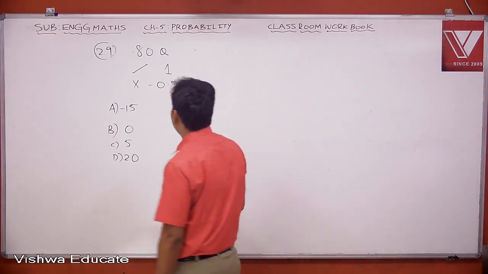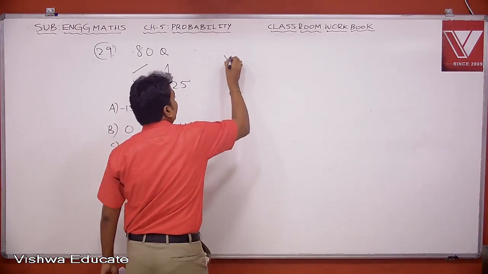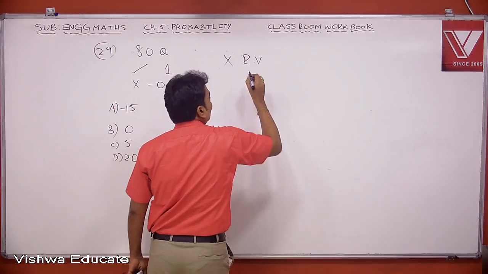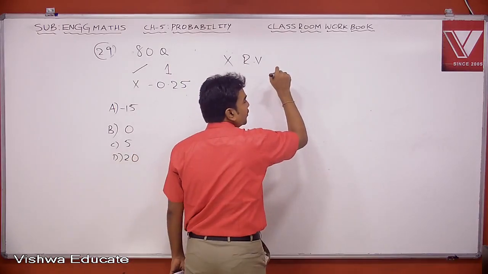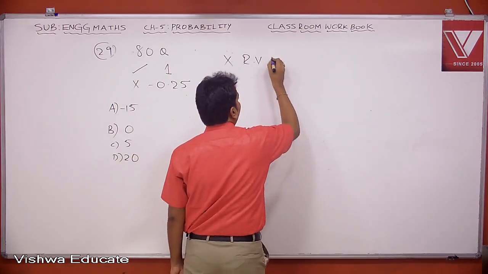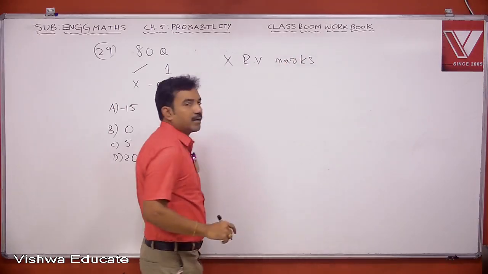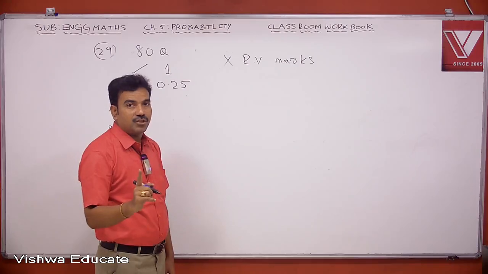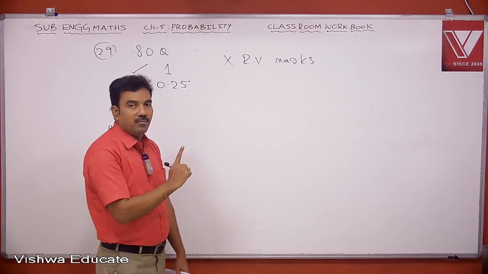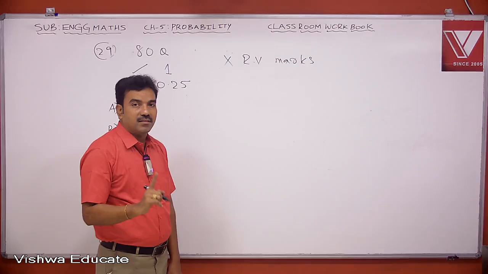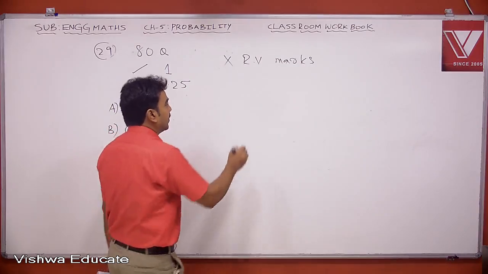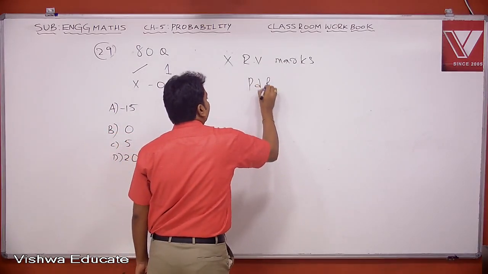Now let us see. Suppose X represents a random variable which represents the marks of a single student for attempting a single question. Therefore the PDF will be like this.